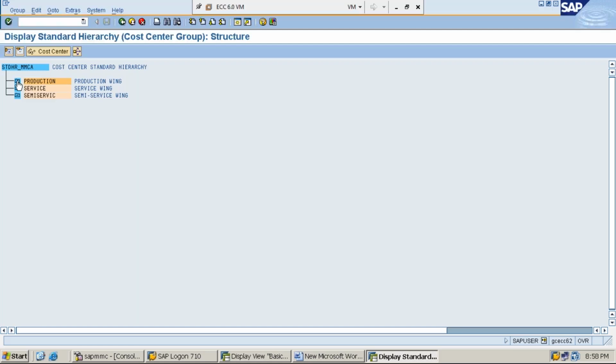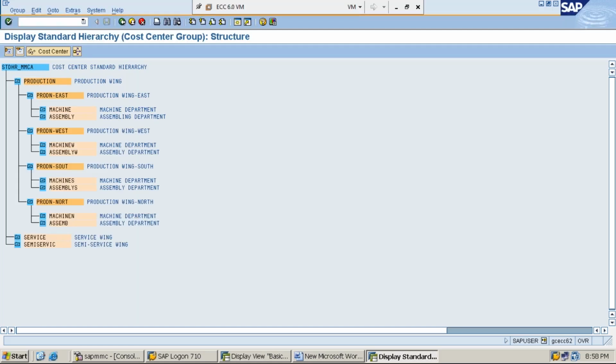Again, I have divided my production wing into production east, west, south, north. Again, I have divided production east wing into machine group or machine department, assembly department. See, this is a wing, this is also a wing, or this is a department, this is a department, and this is also a department.